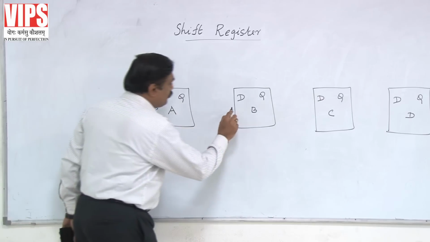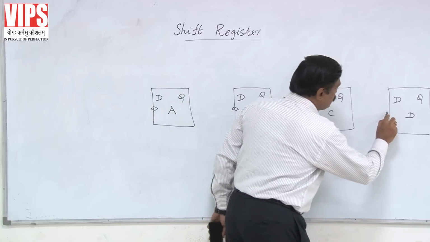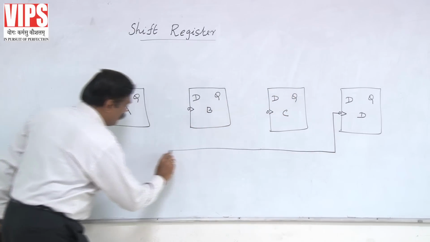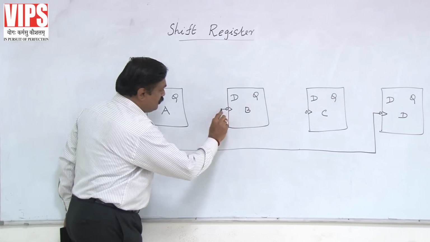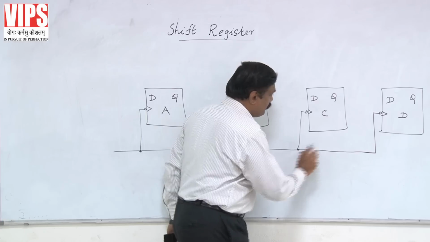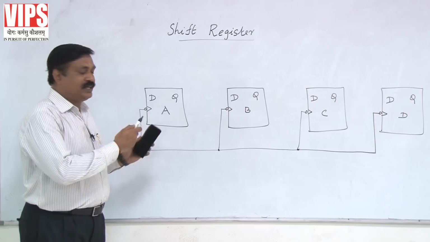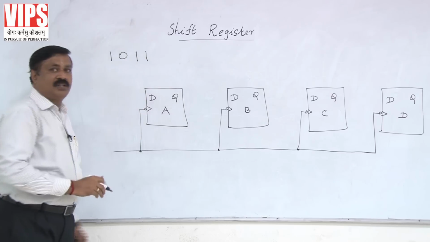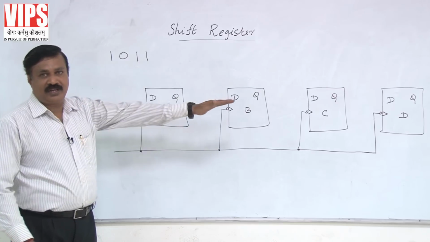All the flip-flops are connected through a clock pulse. All the clock pulses are connected commonly. Now, we have to send the data. First, I will take one example, 1011. This is the data I am going to shift from left to right.